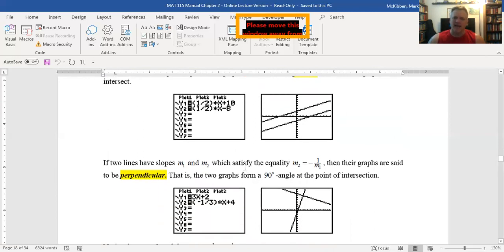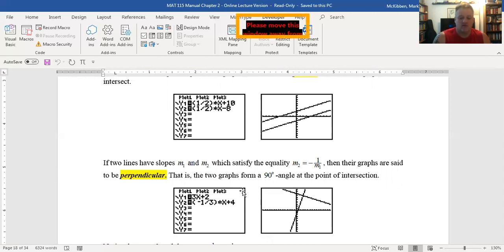This one here I cannot prove until we get to trigonometry, but we'll just use it as it is. We'll say that 2 lines are perpendicular if their slopes are negative reciprocals of each other. So for example, if a line had slope 2 and you said that another line was perpendicular to it, the slope of that line would have to be negative 1 over 2.